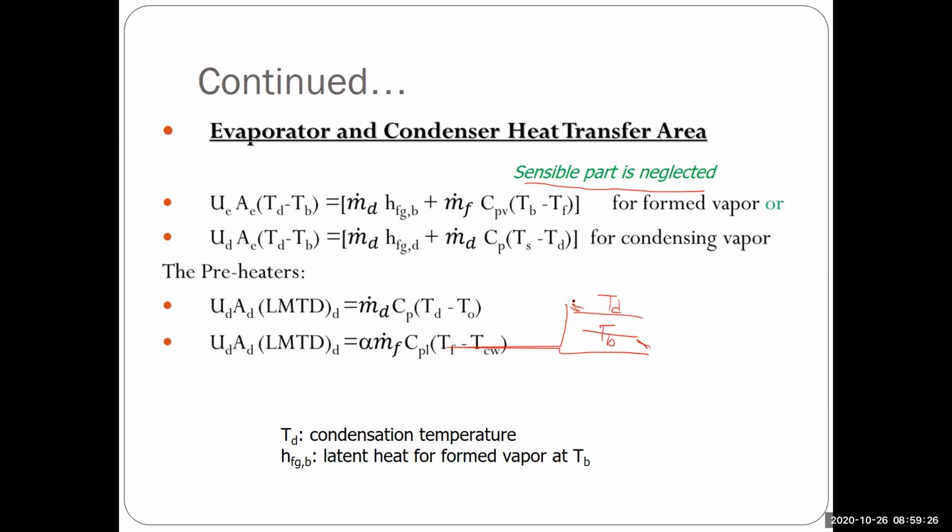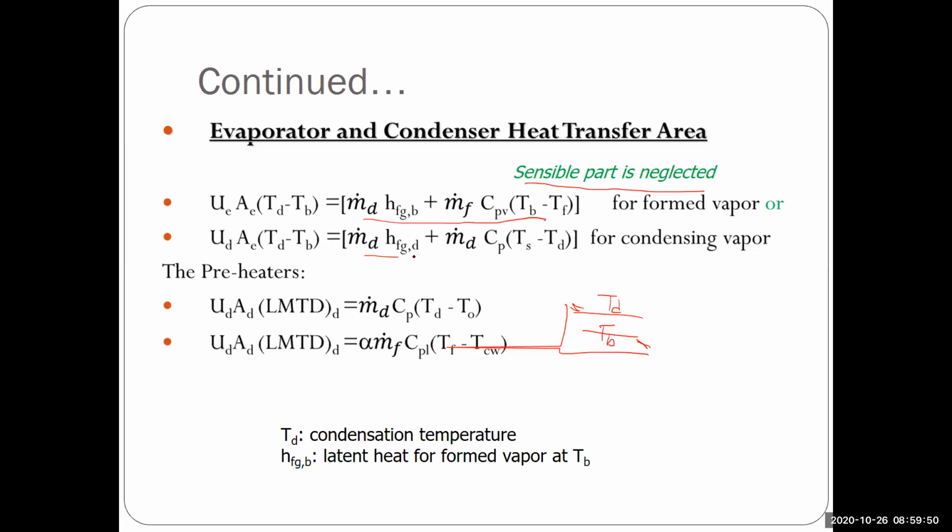Otherwise, if we consider this and this, then we'll have to worry about a log mean temperature difference for each one of them. So just to make our life easier for the evaporator, we just say that it is U, the overall heat transfer coefficient, times the area, times delta T, which is in balance with the Q evaporator that we have written before.